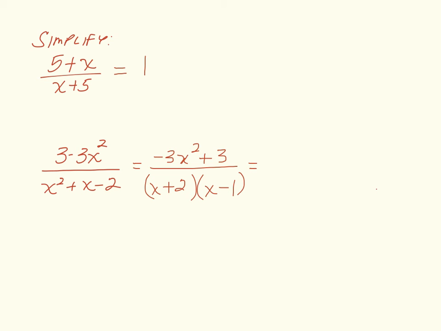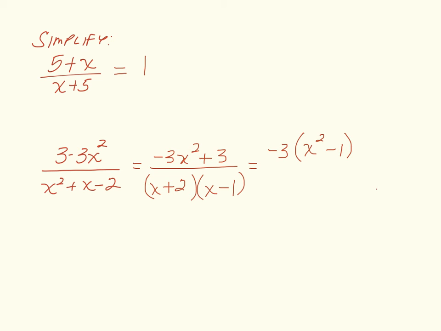But look at the numerator. I don't want the leading coefficient to be negative, so I'm going to factor out a -3. Sometimes you got to work it out a couple of ways just to see what's going to happen. Factor out a -3, and that leaves me an x squared minus 1.